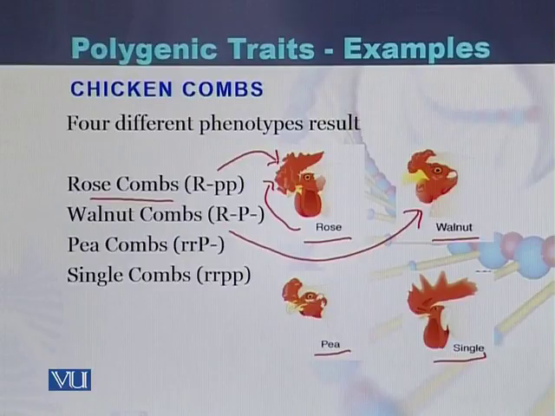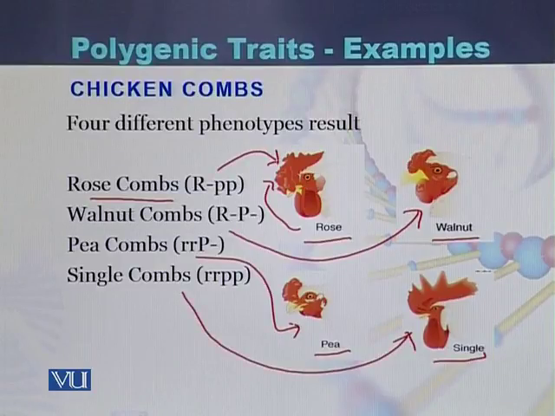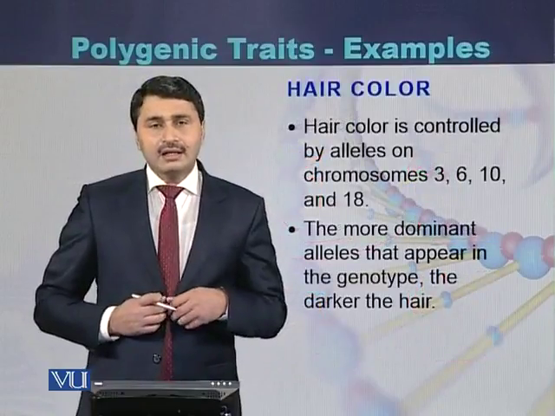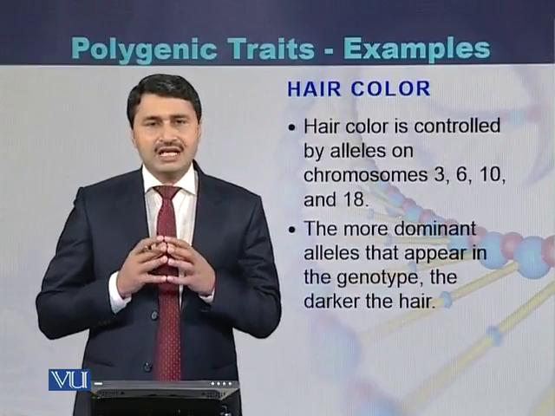In case of pea comb, the R gene will be in recessive form while the P gene is in dominant form. In case of single, both genes are in recessive form: gene R is recessive, and gene P is also recessive. So this is a type of polygenic trait where 2 different genes control the comb shape present on the hens.